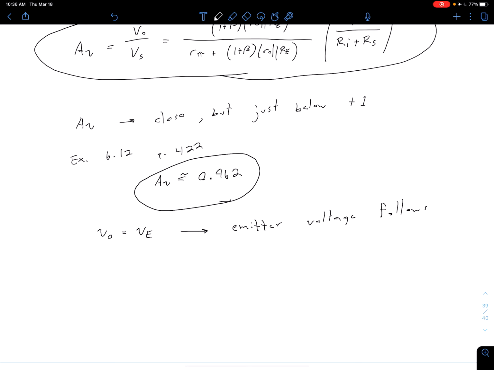The reason we say it's following the input voltage is, again, because our small signal voltage gain is about 1. And so that's where we get the name emitter follower. Oftentimes you'll hear this configuration referred to as emitter follower as opposed to common collector.